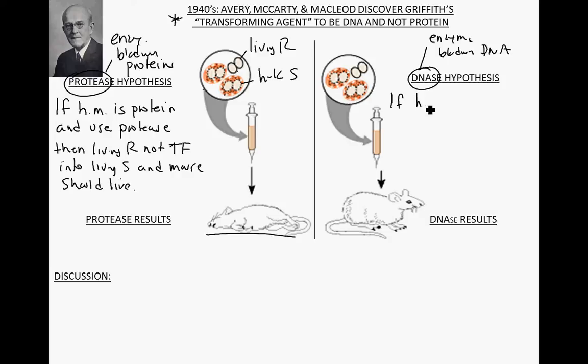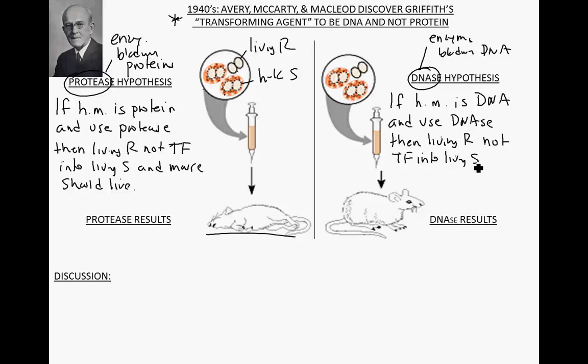So if the hereditary material is DNA, and we use a DNase to break down the DNA as a hereditary material, then living R is not transformed into living S, and the mouse should live. And sure enough, this is indeed the result of their experiment.